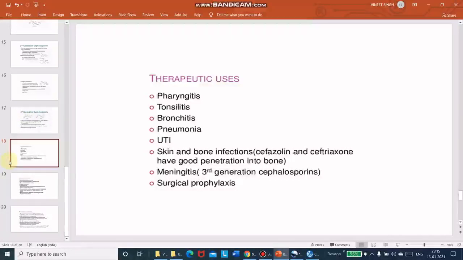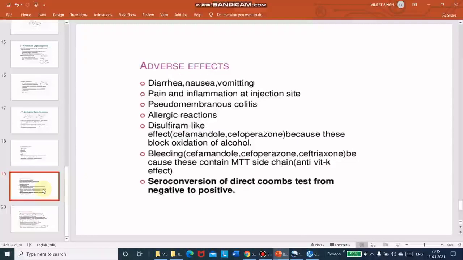So these are the areas where it is used. So these are therapeutic uses.